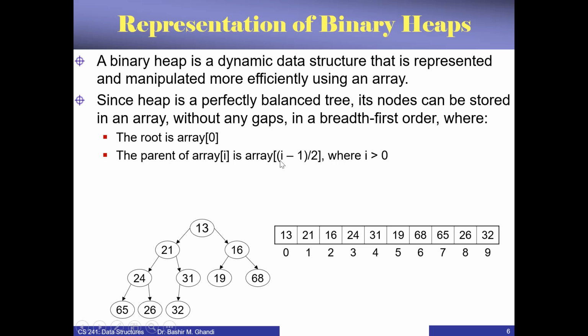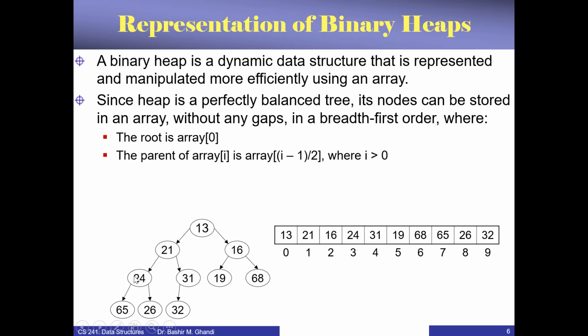Just apply this formula. So your I is 8, which is the index of the child. So 8 minus 1 is 7, and 7 divided by 2 is 3. So the parent of this 26 is at index 3, which is 24.